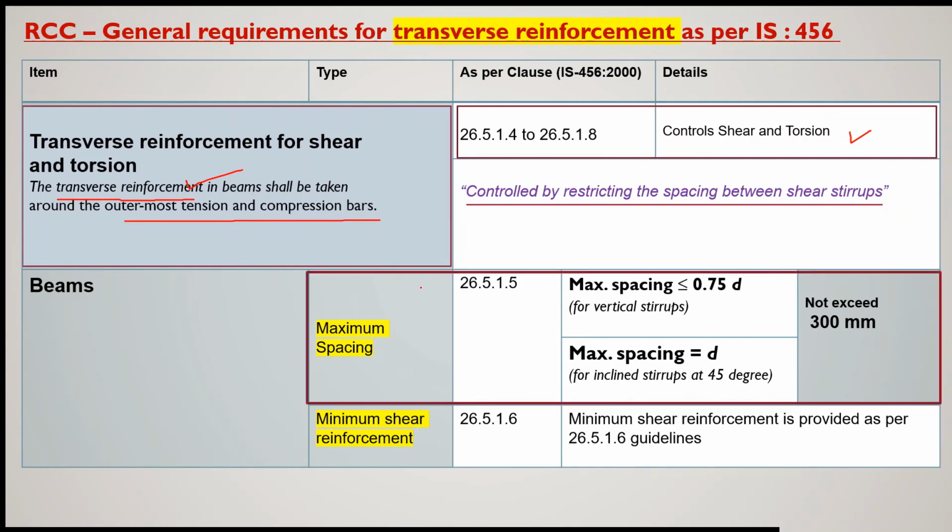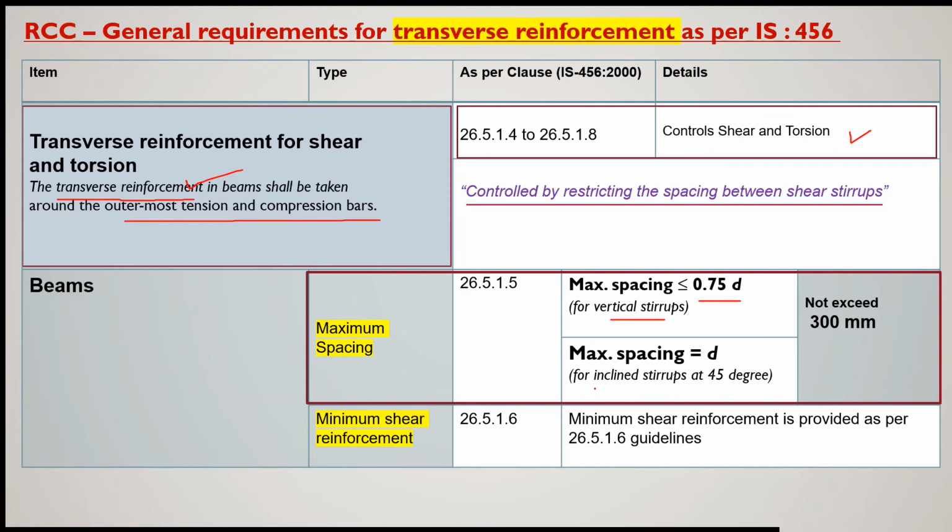Now in case of beams, here the code is restricting the maximum spacing, not the minimum spacing, in clause number 26.5.1.5. For vertical stirrups, the maximum spacing should be less than or equal to 0.75 times the effective depth of the section.